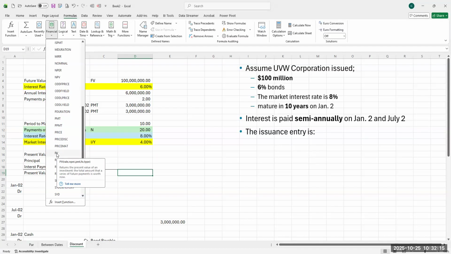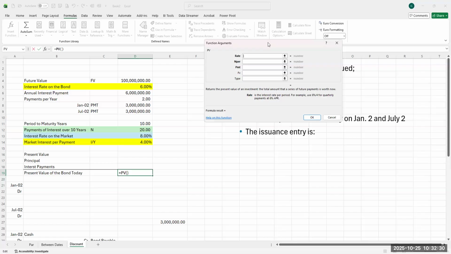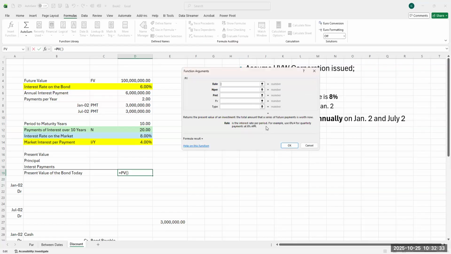Can you see it? Are you guys with me? Yes. Once you click the PV, it's going to give you this table. Now, this table is going to start asking you questions. First question is rate.